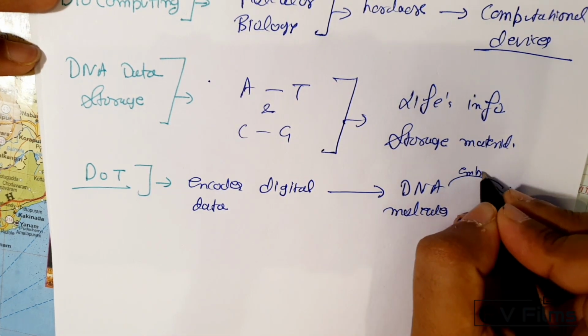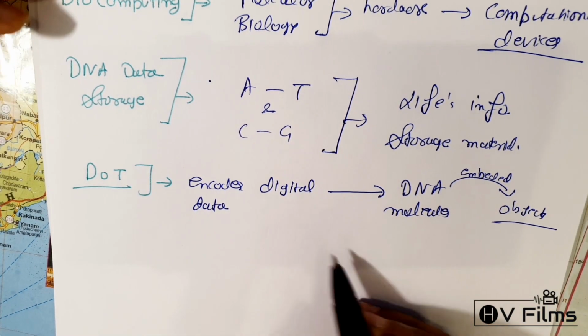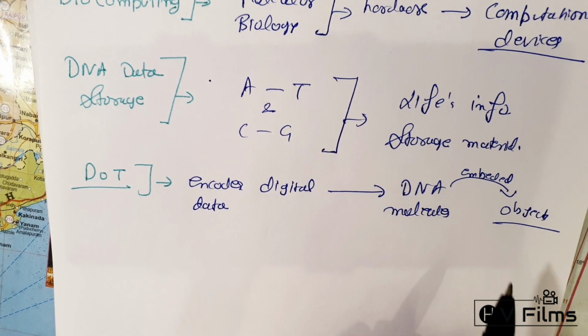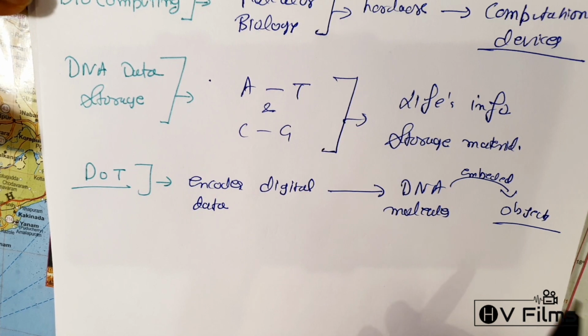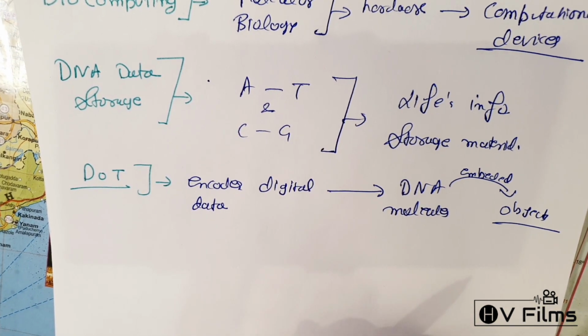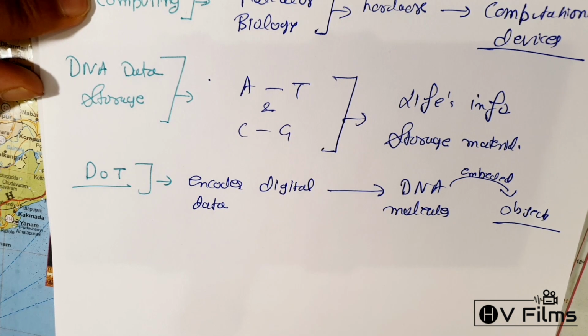So the digital data will be encoded into DNA molecules and further embedded into objects. This is called the DoT. While the Internet of Things is a system of interconnected computing devices, the DoT creates objects which are actually independent storage objects. So this is mainly about the DoT.